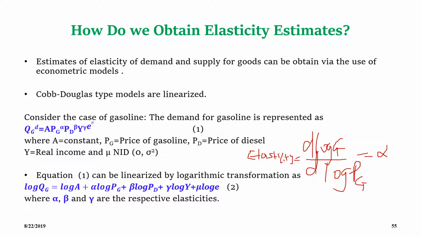Get the elasticity measures, you understand? And then remember, the QD here is just the demand for gasoline. Let's say the demand for gasoline by people, how many gallons do they buy, something like that, right? How many gallons of gasoline do they buy per period?